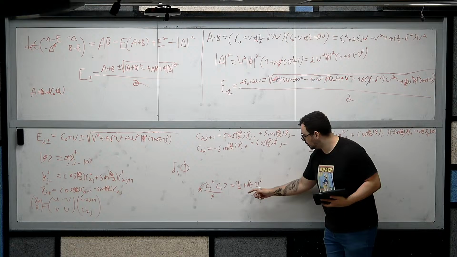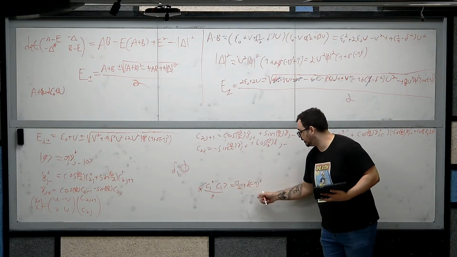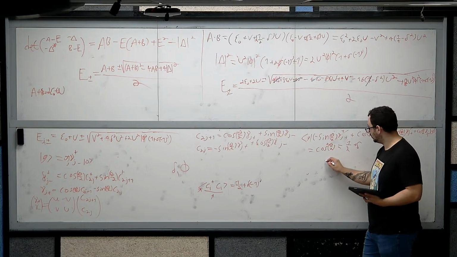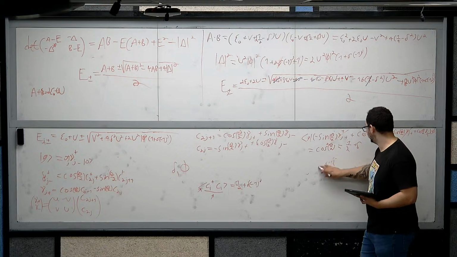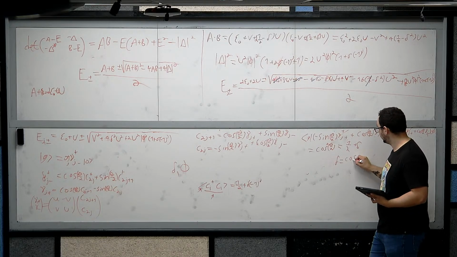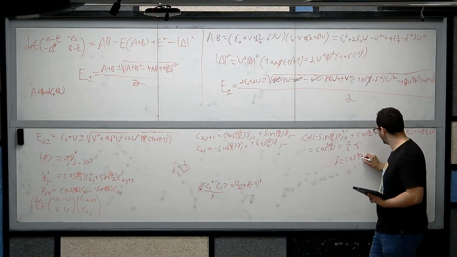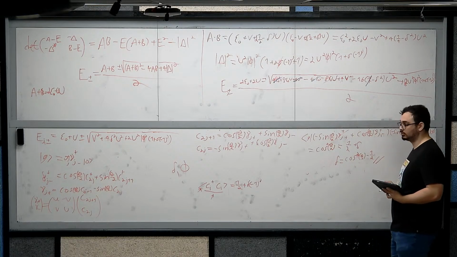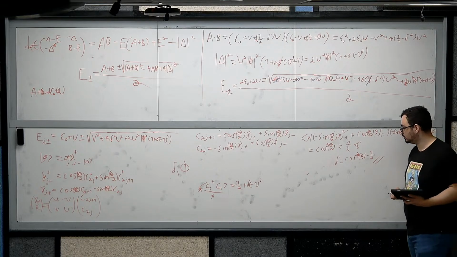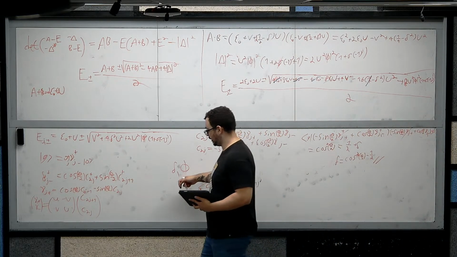Since we took even, this will be a plus delta cos squared. So delta just equals cos squared of theta divided by 2 minus 1/2. Right?